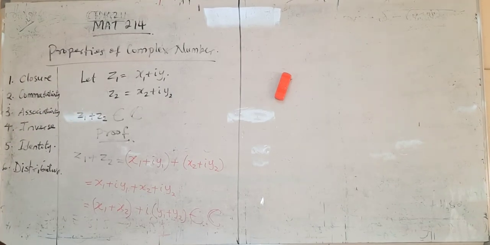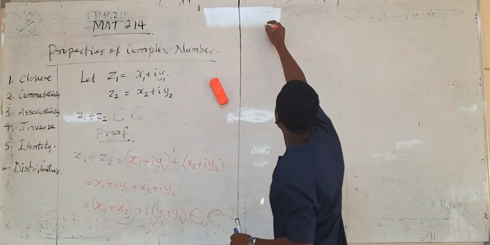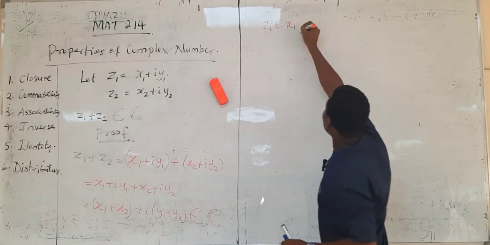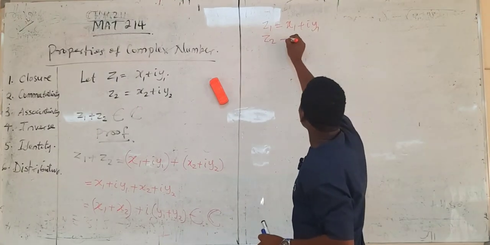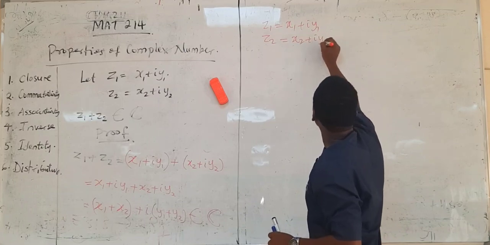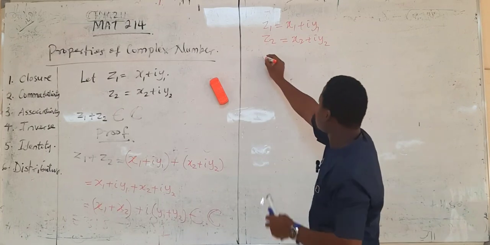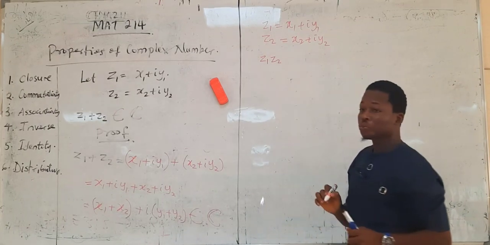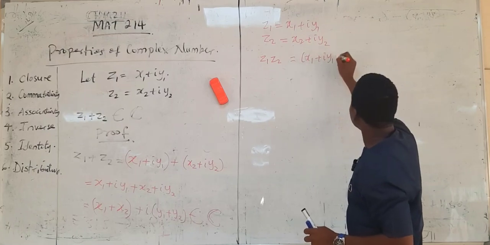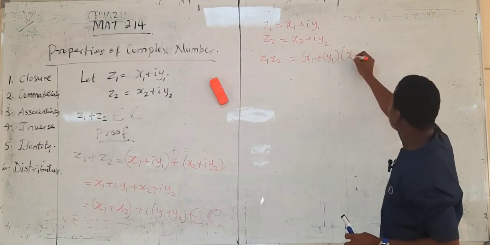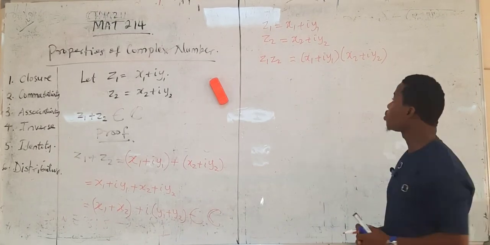So it means this is closed under addition. Now, for the multiplication, we say that z1 is equal to x1 plus iy1, z2 is equal to x2 plus iy2. Now, z1 times z2 is equal to (x1 plus iy1)(x2 plus iy2). So are you getting this down? Okay, good.